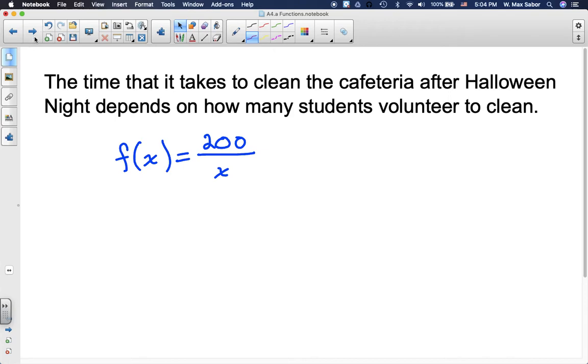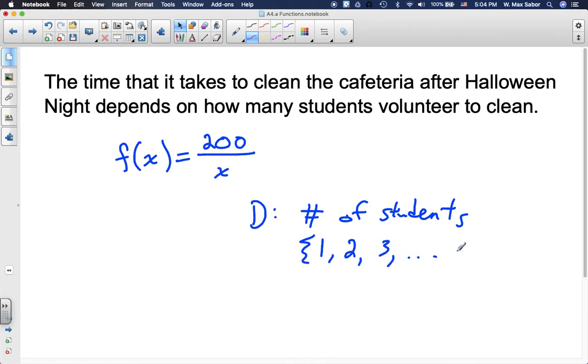So that's an example. The domain here would be the number of students, which would be whole numbers. You can't have part of a student or a negative student cleaning. I guess you could have 0, but then it will never get clean. So let's not include that.